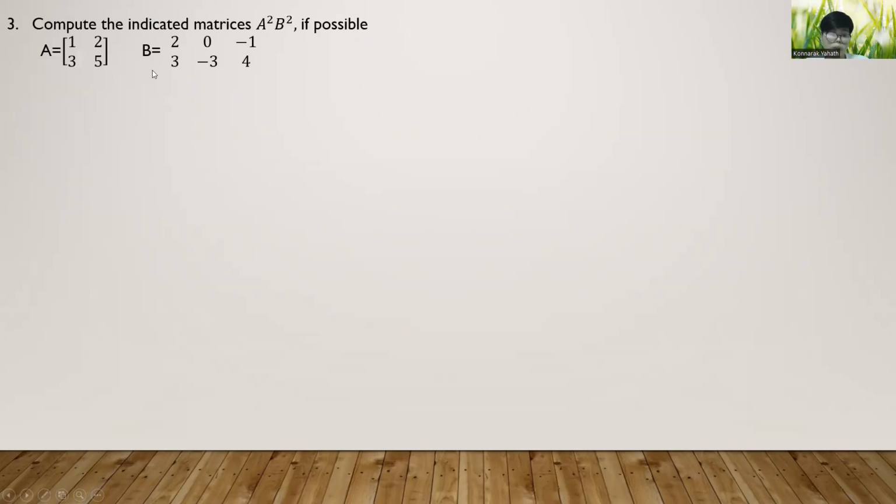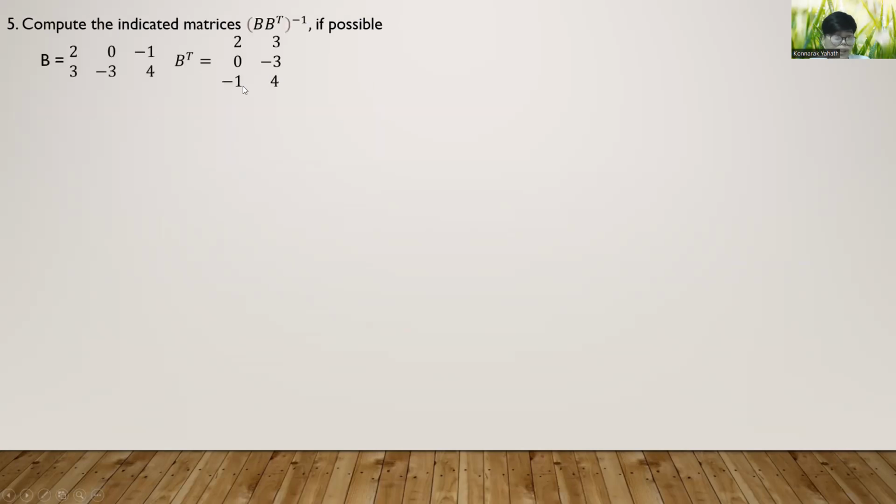Problem 3. They want us to compute the indicated matrix here, if it's possible. So we have A and B, but you can see here B square cannot exist because B is not a square matrix. So it means that this matrix cannot be computed. Problem 5. They want us to compute the inverse of this matrix.